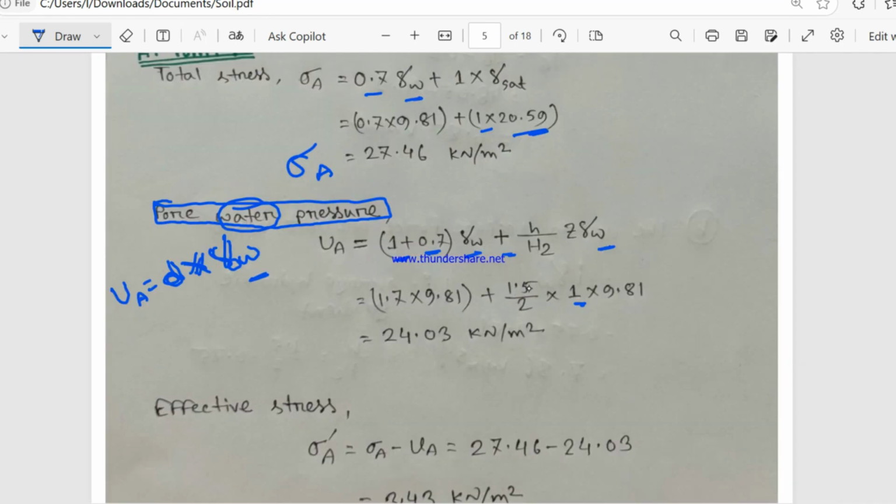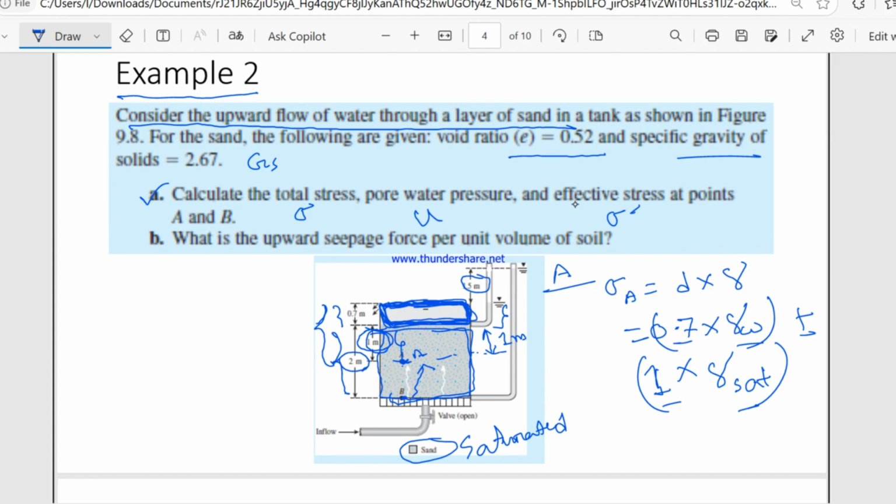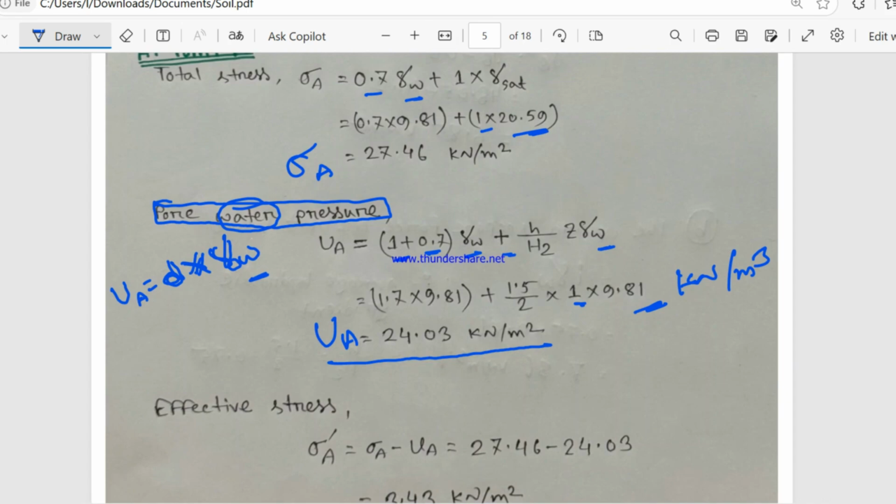h is 1.5, h2 is 2 meter, elevation is 1, and the water unit weight is a fixed value, 9.81 kilonewton per meter cube. Then the pore water pressure at point A will be 24.03 kilonewton per meter square. Next question is calculate the effective stress.